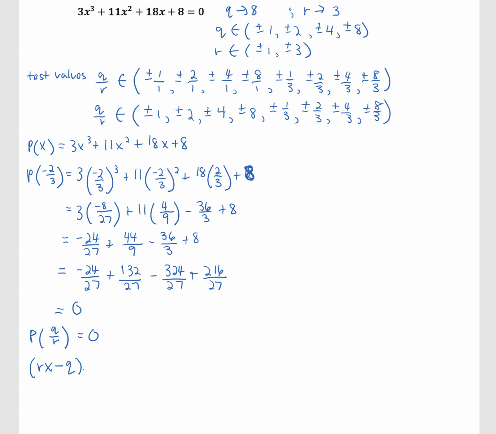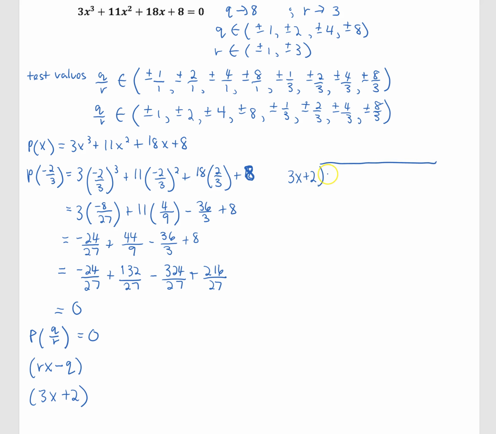So in this case, a factor has to be 3x minus -2, so 3x plus 2. So this is one of our factors. And to find the other ones, what we want to do is some long division. So we're going to be finding out what's left when we factor out 3x plus 2.